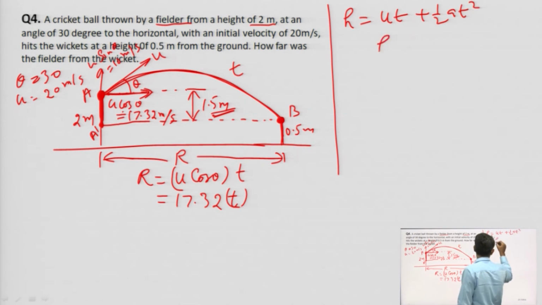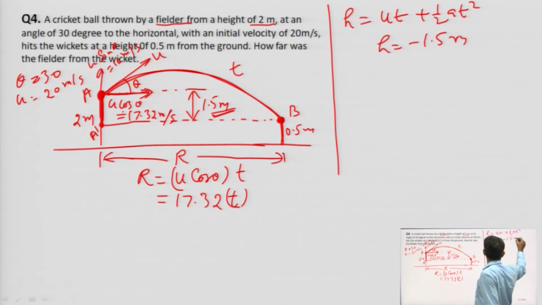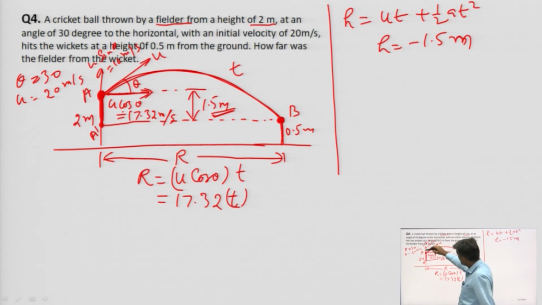Now, let us define the value of h here. It will be 1.5 meter, with a minus sign, because the initial velocity is in this direction and y is in this direction, that is why h is minus 1.5.